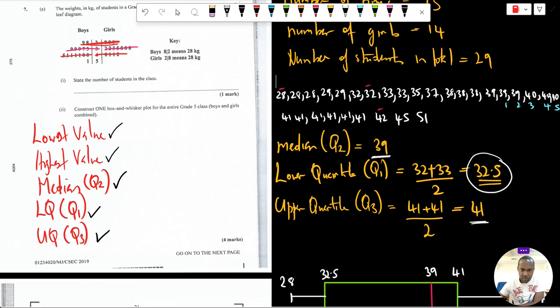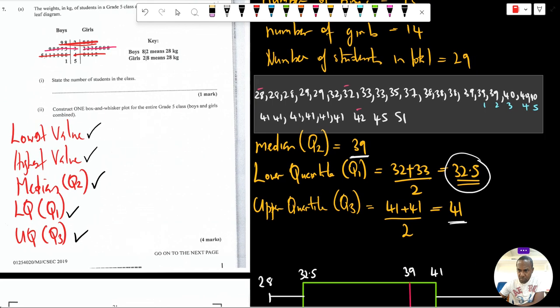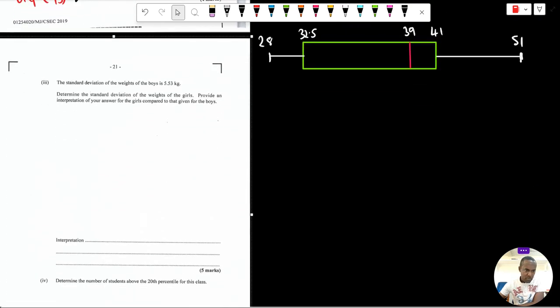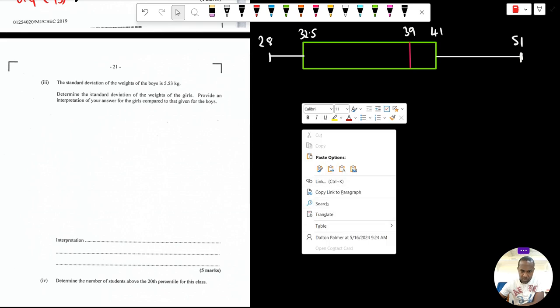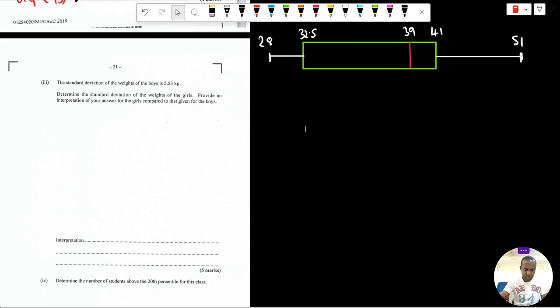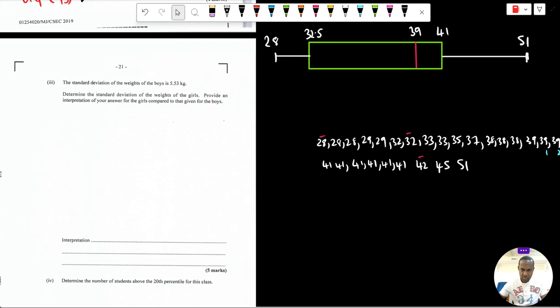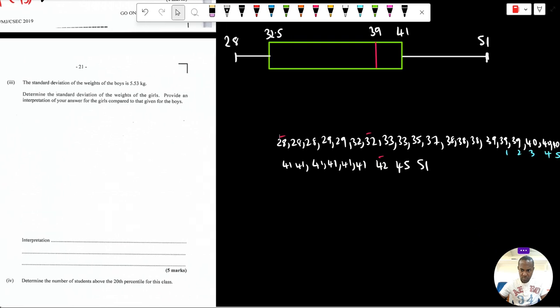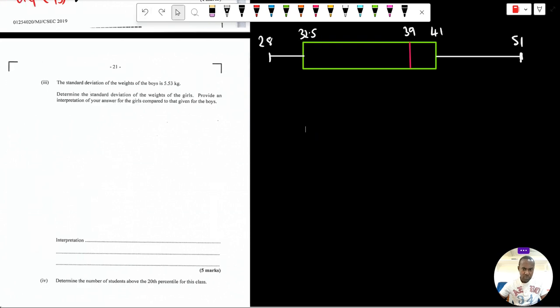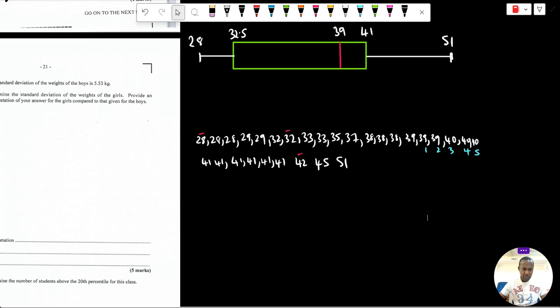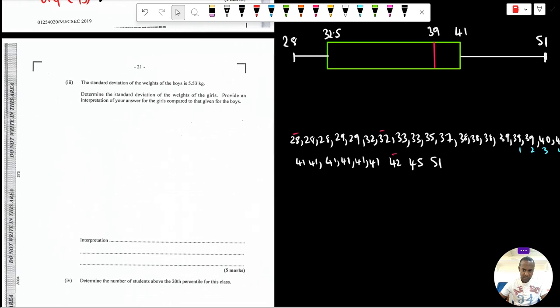So let's just copy and set up on this one. All right, so there we have all our data, right?